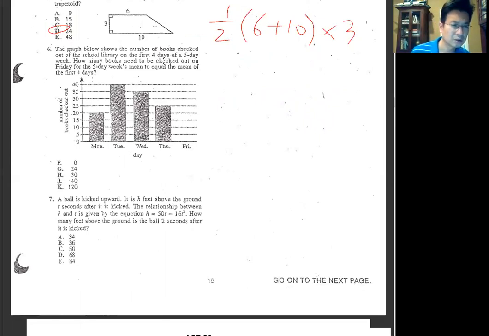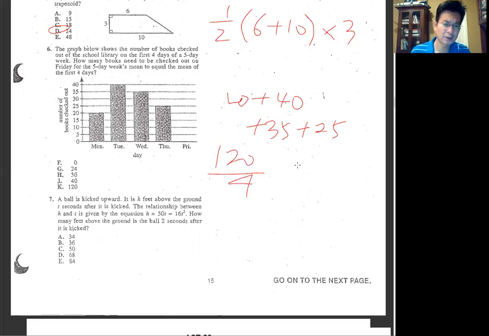How many books need to be checked out on the 5th day so the 5-day mean equals the mean of the first 4 days? First 4 days mean: 20 plus 40 plus 35 plus 25. Add it up, 60, 100, 120, divided by 4, 30. So you have to add 30 more, keeping the mean at 30.